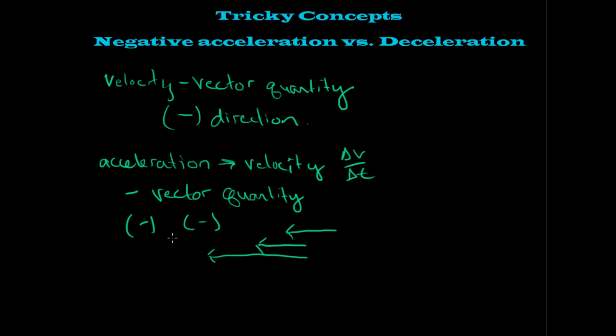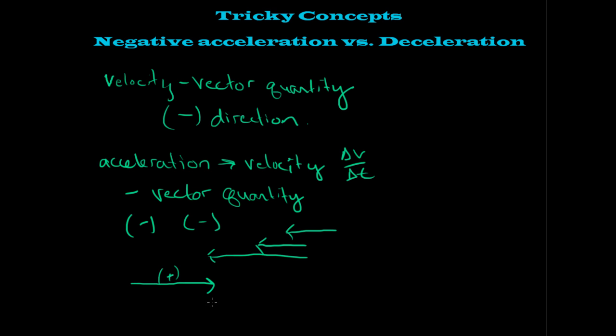Now, negative acceleration can mean the object is slowing down, but that occurs when your acceleration is negative and your velocity is positive, or your velocity is negative and your acceleration is positive. For instance, let's say you have an object going to the right, which is a positive direction.